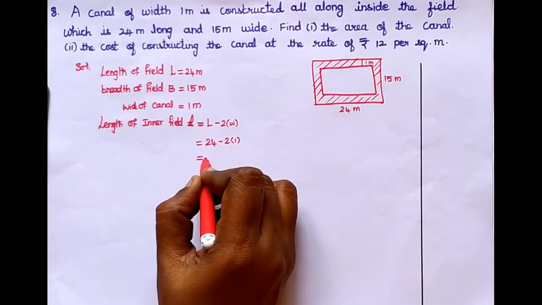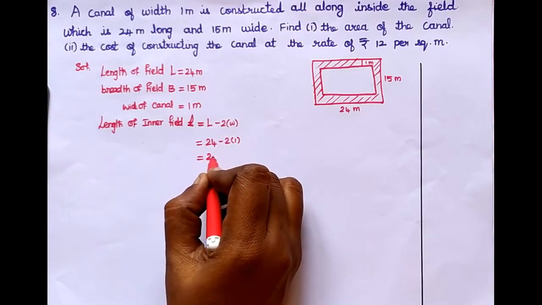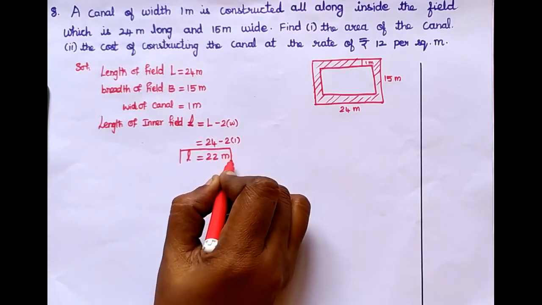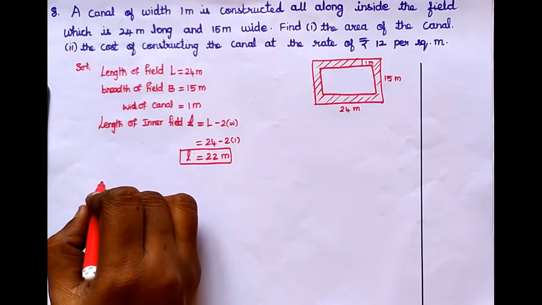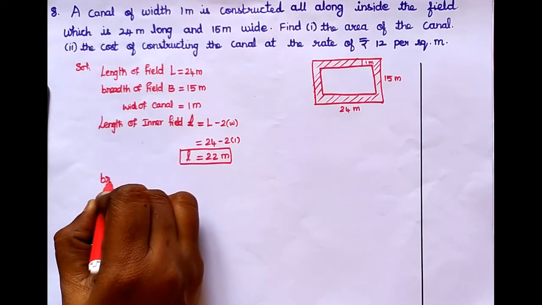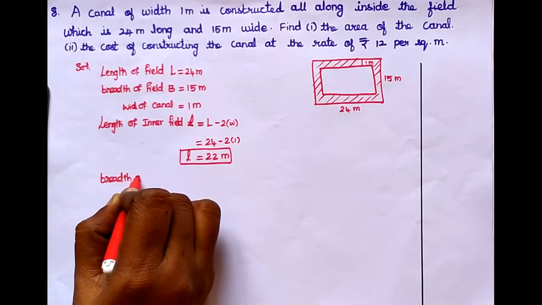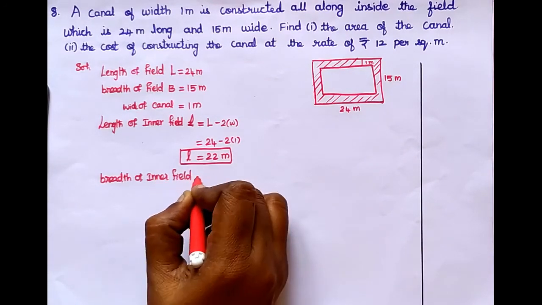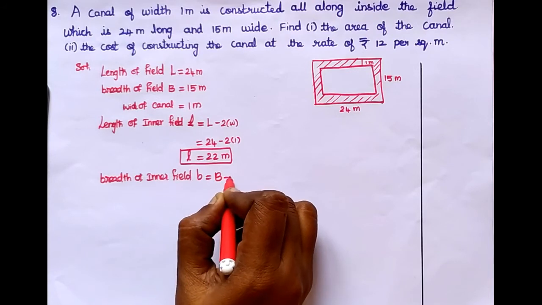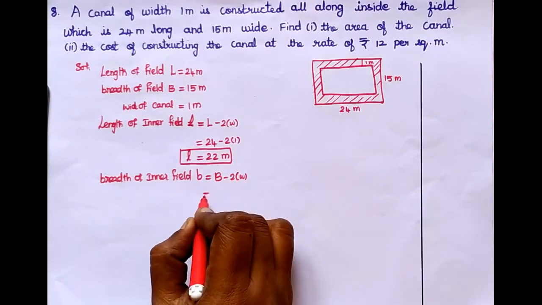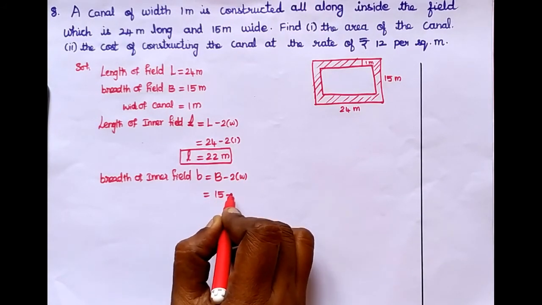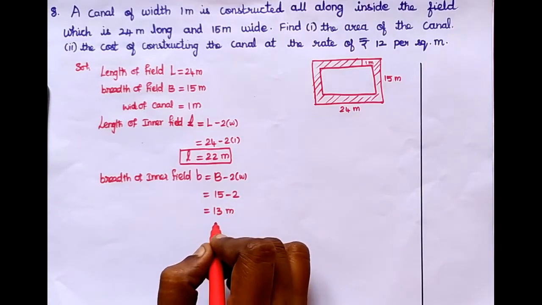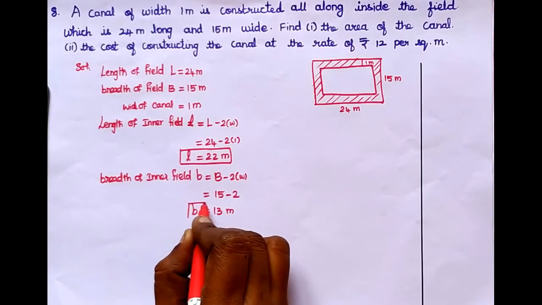So 24 minus 2 is 22 meters, that is small l. And then the breadth of the inner field, small b equals B minus 2 into W, that is 15 minus 2, 13 meters, that is small b.